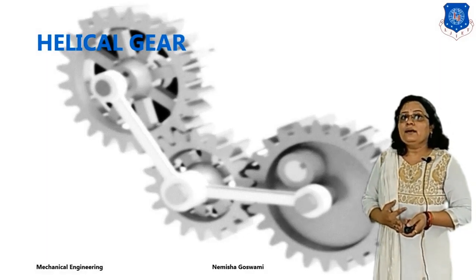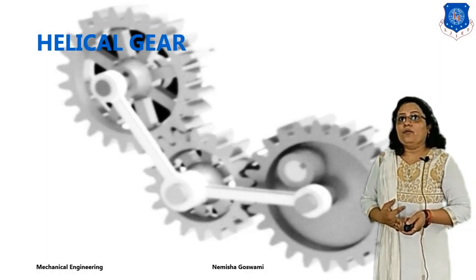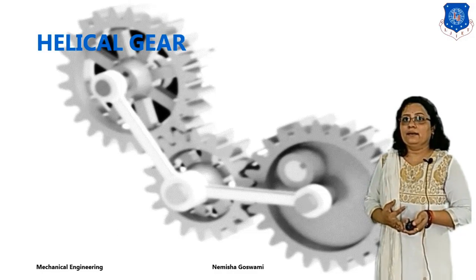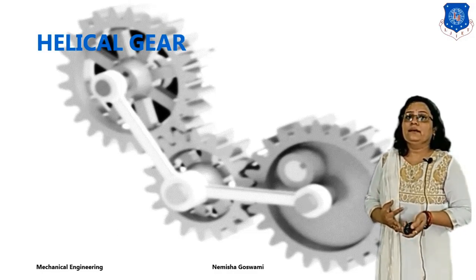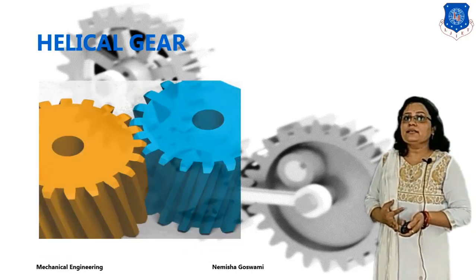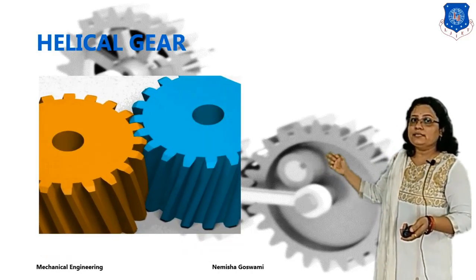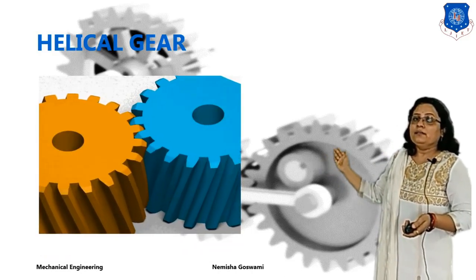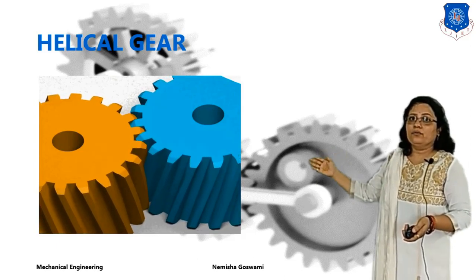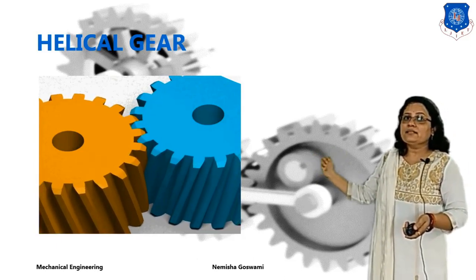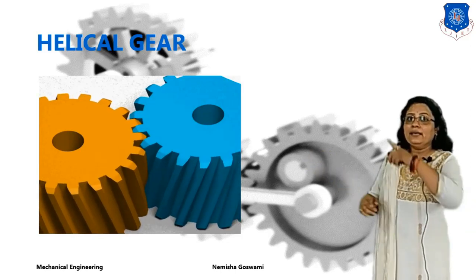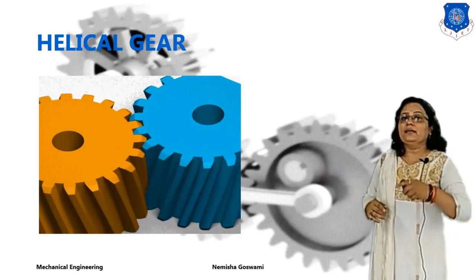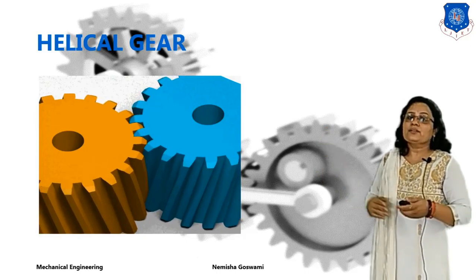Now next is the helical gear. A helical gear is used when the shaft axes are parallel to each other. You can see in this diagram, this is the helical gear. The shaft axes are parallel to each other, but you can see that the teeth are at some inclination with respect to the shaft axis.